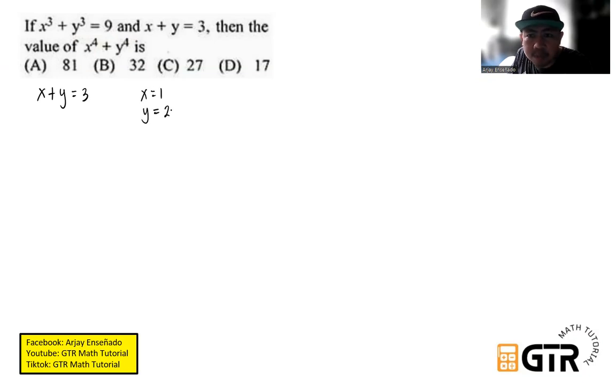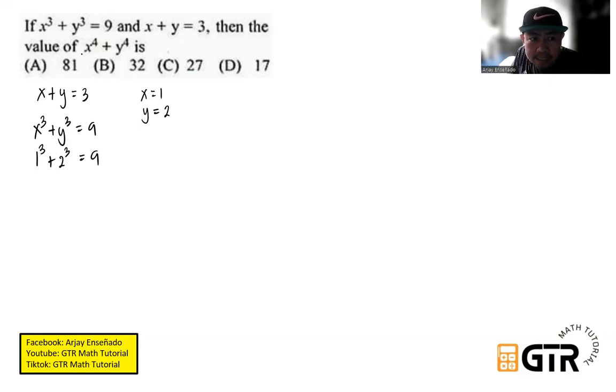Let's see if it satisfies the equation x cubed plus y cubed equals 9. Substituting 1 and 2, we get 1 cubed plus 2 cubed. 1 cubed is 1, plus 2 cubed is 8, so 1 plus 8 is equal to 9. Therefore, the values of x and y are 1 and 2.